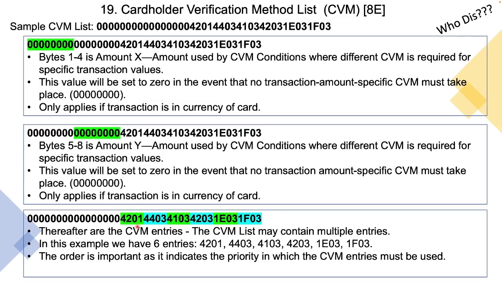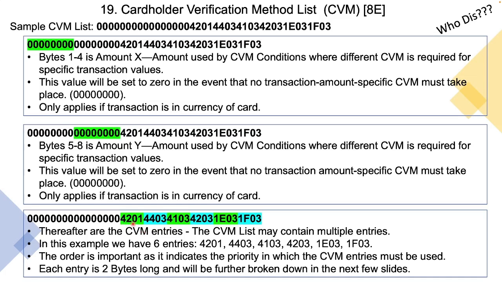If the terminal, for whatever reason, doesn't support this particular entry type, then it will cascade down to the next one. So it is important that when we set up the CVM list on the card, we set it up with the priority correctly indicated, so that the one we prefer to be used first is always the first one in the queue.